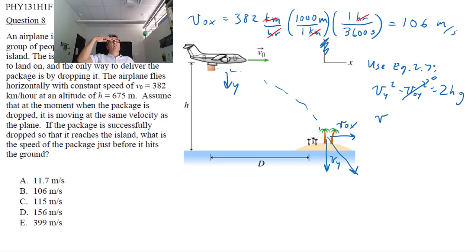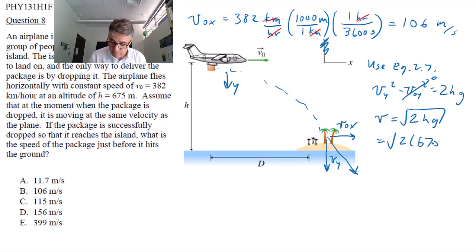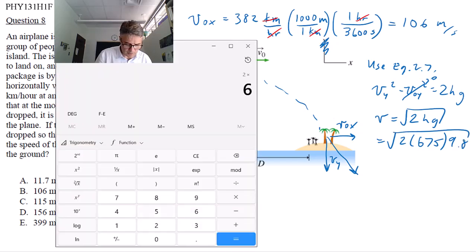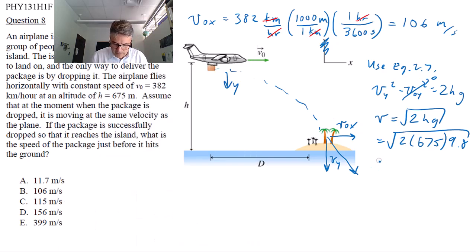The plane's moving horizontally, so the package doesn't have an initial y component. So it's just going to be the square root of 2 times h times g, the square root of 2 times 675 meters times 9.8. So that's 115 meters per second, and that's Vy.